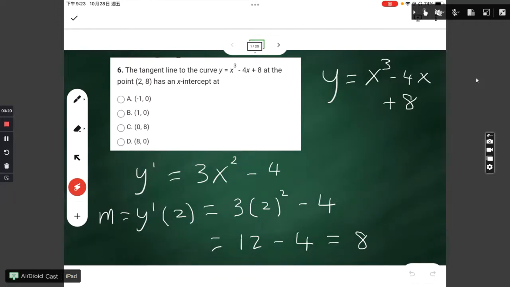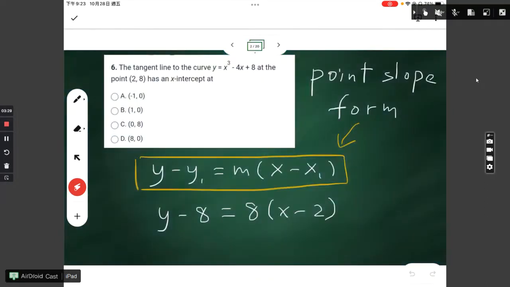Now we are ready to calculate the equation of the tangent line. For those of you who still remember, we can use the point-slope form. This is how the point-slope form of the equation looks. So we're ready to do the substitution. The point is (2, 8), so y minus 8. This y1 is where the 8 comes from.